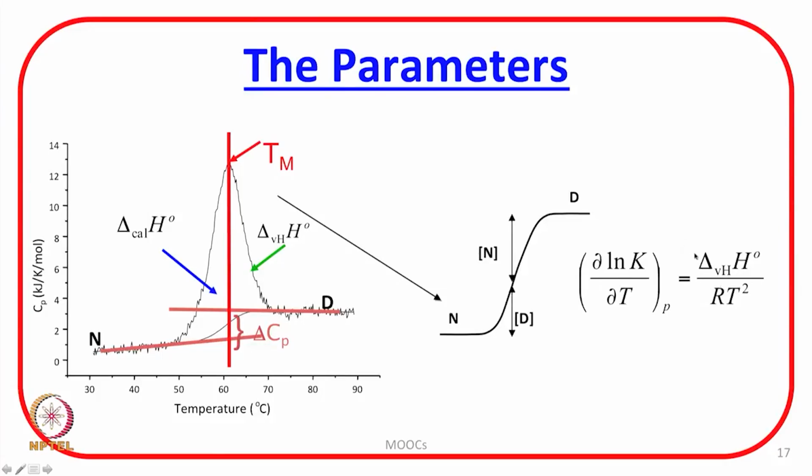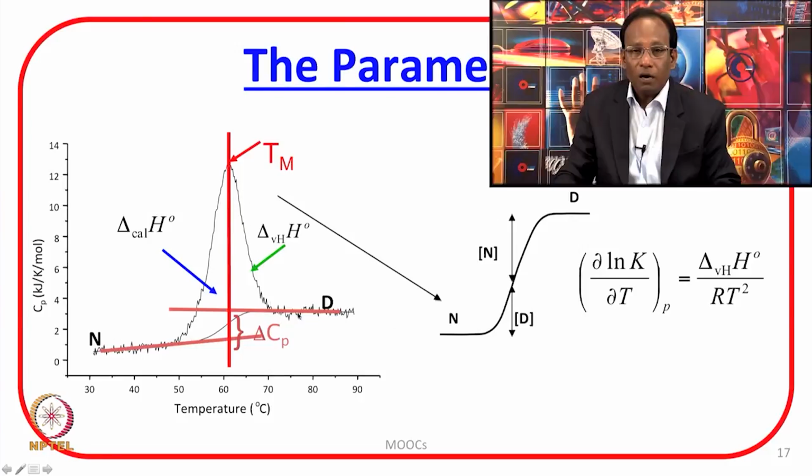And this Van 't Hoff enthalpy depends upon the shape, that is why the arrow is pointing out on the shape of the DSC curve, because the shape of the integrated form will depend upon the shape of the differential scanning calorimetric output. And Van 't Hoff enthalpy, which is obtained from the temperature dependence of the equilibrium constant, will depend upon the shape and hence will depend upon the shape of the differential scanning calorimeter output.